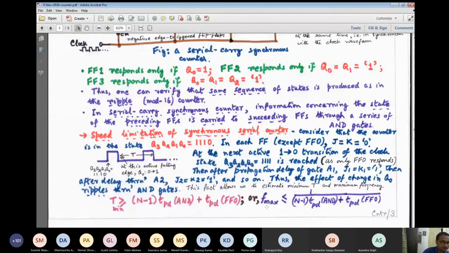Is it clear? Sir, why don't we consider the delay of the JK flip-flops 1, 2, 3? Why do you have to consider the JK flip-flop propagation delay?